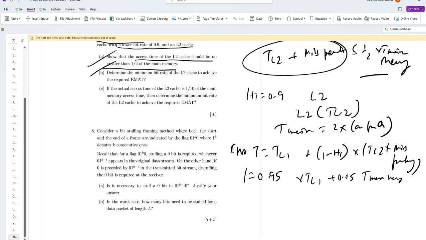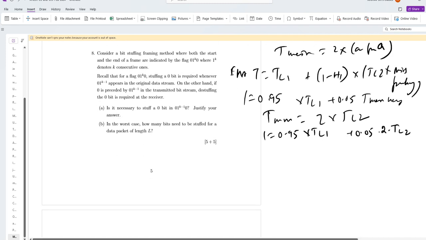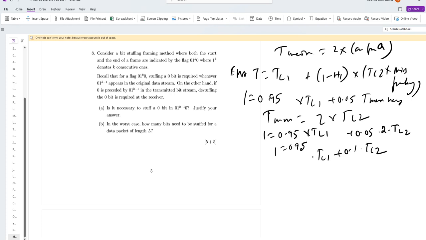T main memory is 2 into T L2, so 1 equals 0.95 T L1 plus 0.1 T L2.